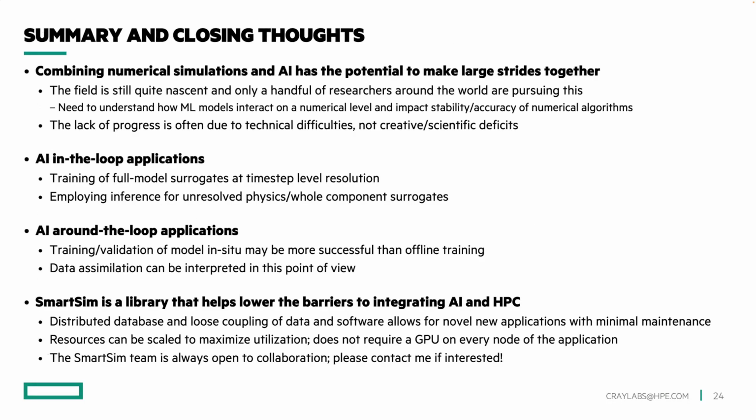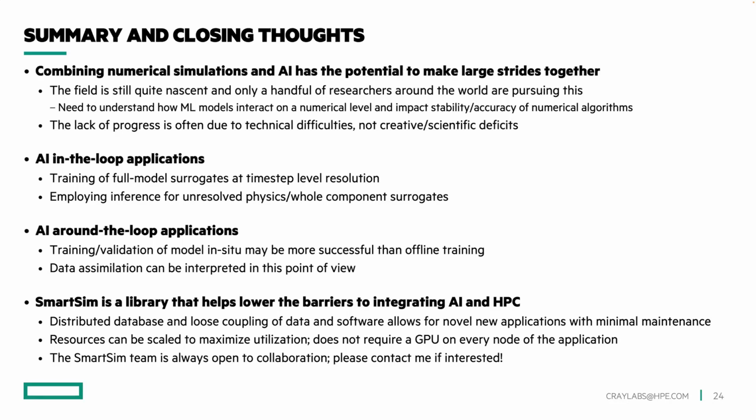Combining AI and HPC has the potential to make larger strides together. We have different ways of using AI. I guess the usages are actually limited by the researcher's creativity. And with SmartSim, we really think it's a library that helps lower the barriers to integrating AI and HPC.